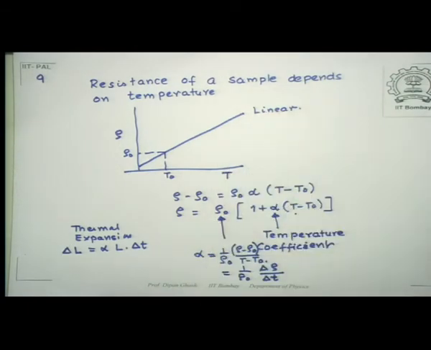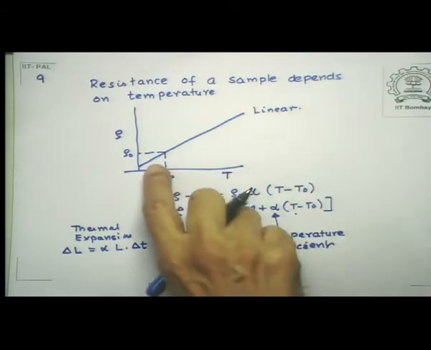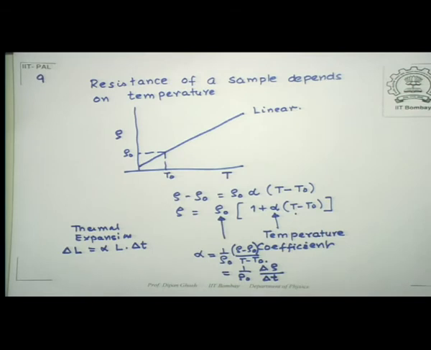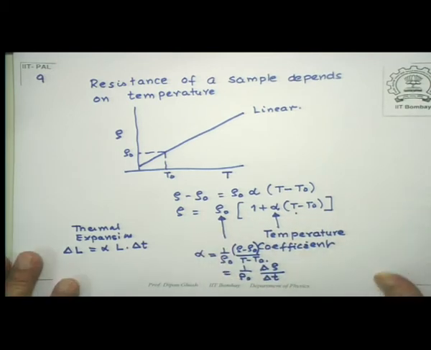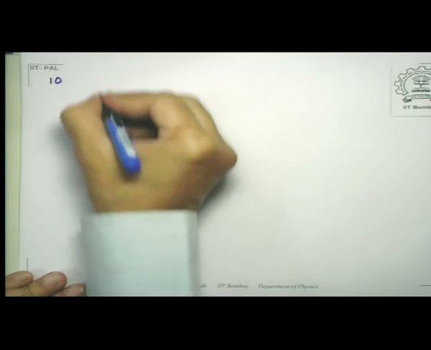Sometimes in some materials, depending upon the temperature range, this relationship may not remain valid, in which case you should add corrections like beta into T minus T0 squared plus gamma into T minus T0 cubed, etc.